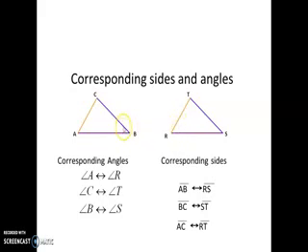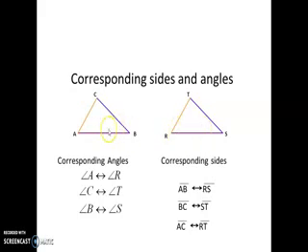And like that, this angle B in the triangle ABC will get superimposed with this angle S of triangle RST. Similarly, this angle C in the triangle ABC will get superimposed with angle T of the triangle RST, isn't it? So these angles we call corresponding angles.